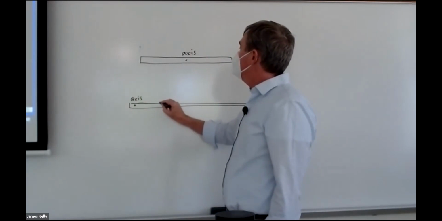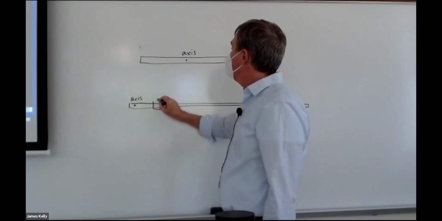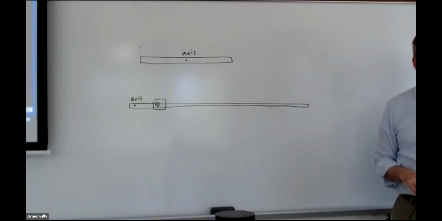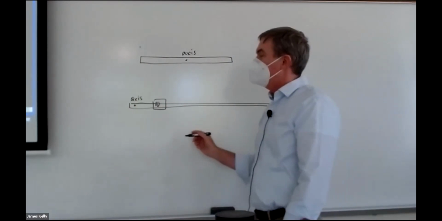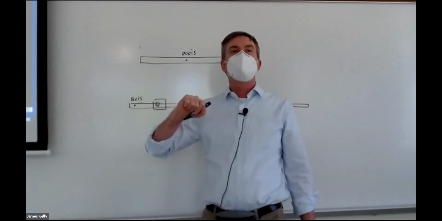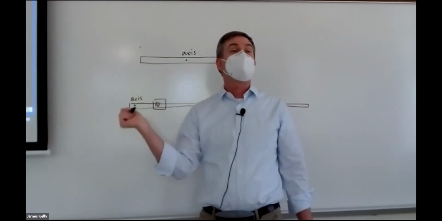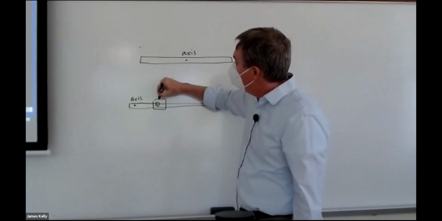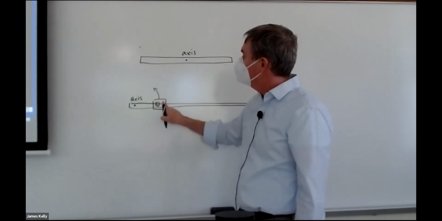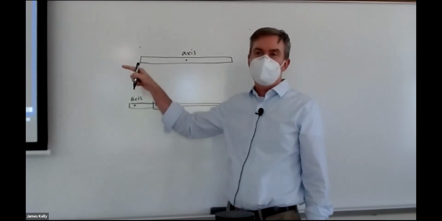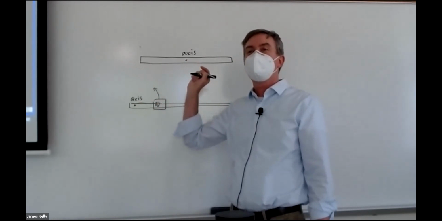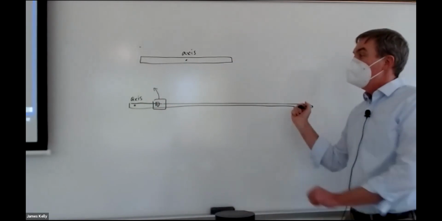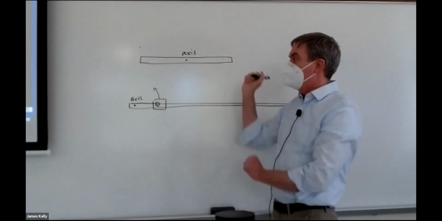Let me put maybe a 10 kilogram mass really close to the axis. Now, when I start moving it, let's say I start moving it at 1 radian per second, and it takes me 1 second to get it up to that speed. After it's up to that speed, this 10 kilogram mass will be moving at some modest speed. I will have accelerated it to a modest velocity with a certain rate of angular acceleration.